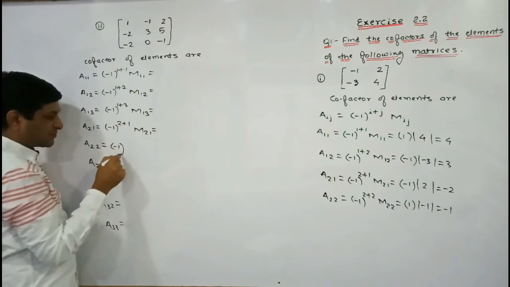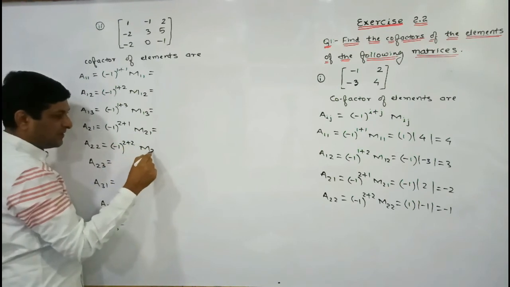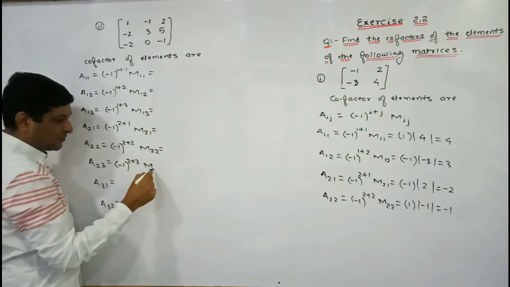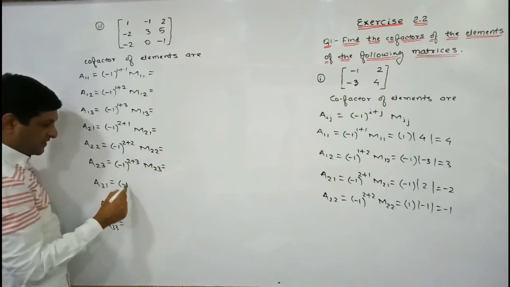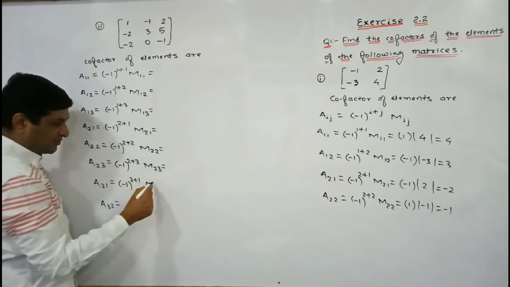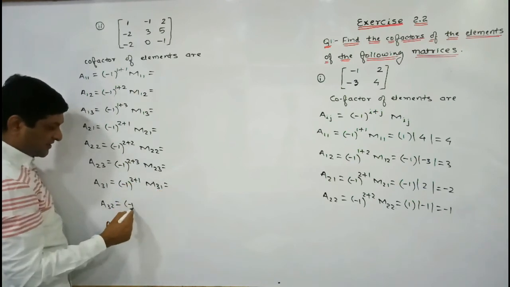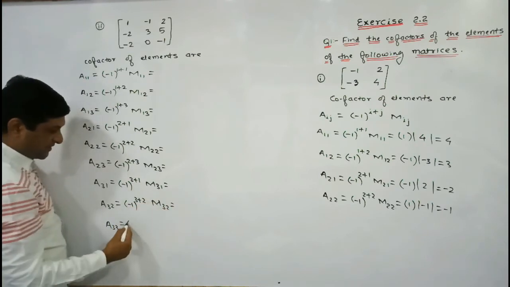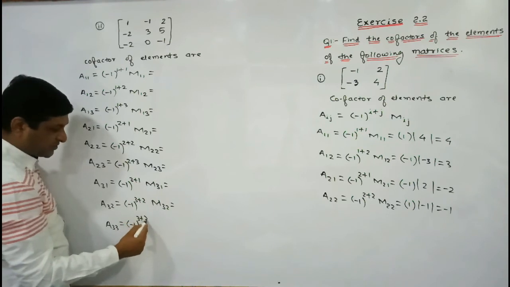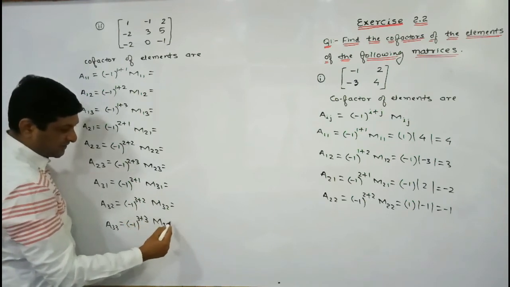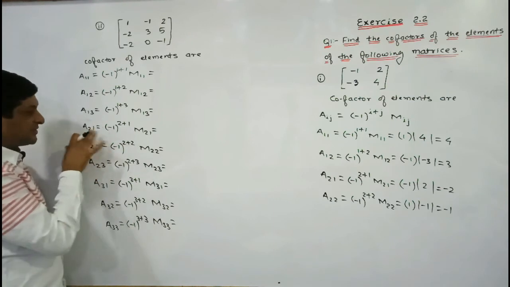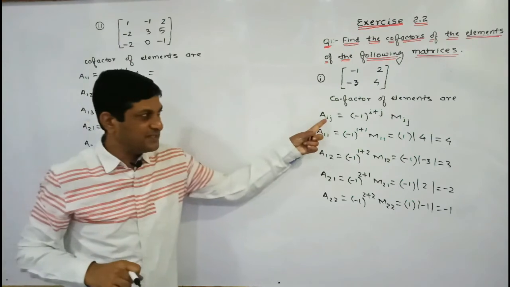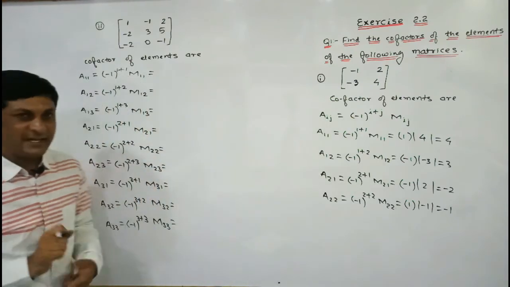Here we'll get minus 1 raised to power 2 plus 2 into m22, minus 1 raised to power 2 plus 3 into m23, minus 1 raised to power 3 plus 1 into m31, minus 1 raised to power 3 plus 2 into m32, and minus 1 raised to power 3 plus 3 into m33. We have just substituted the values of i and j in the formula of the cofactor, which is minus 1 raised to power i plus j into mij.